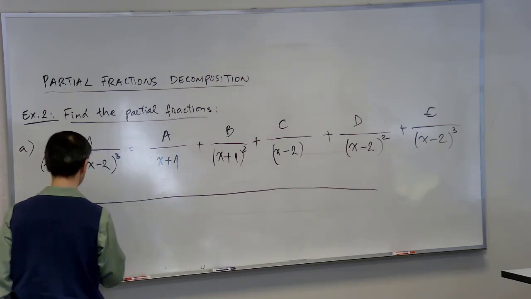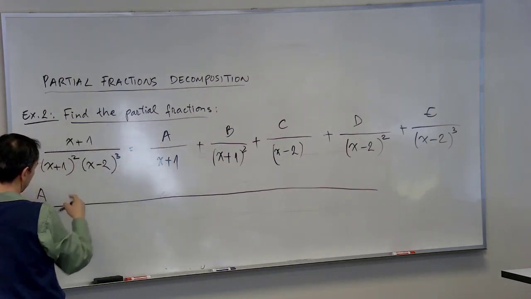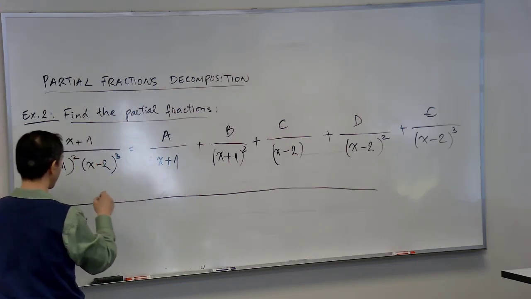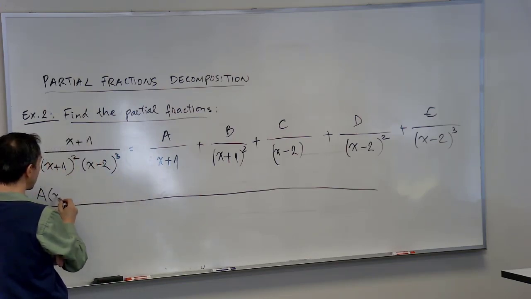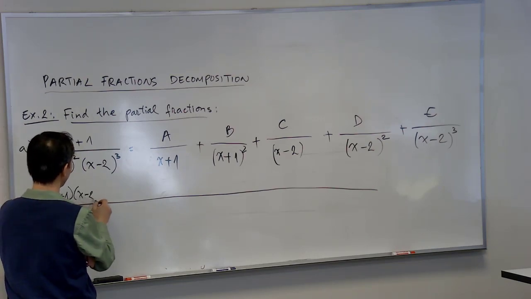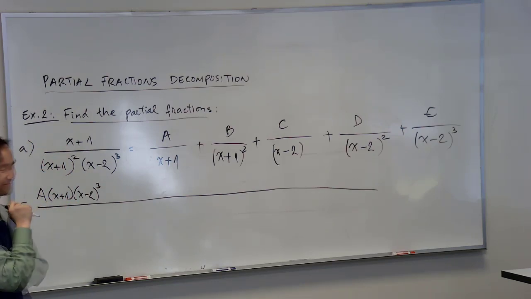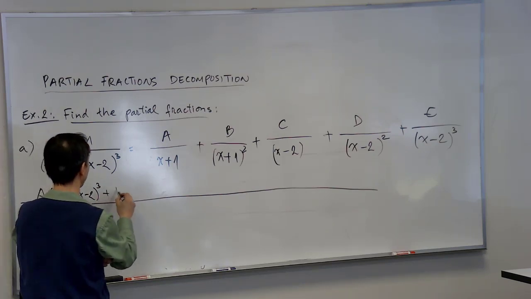So A here is on top of x plus 1. When we multiply and make a common denominator, we need another x plus 1, and then I need to multiply with x minus 2 all cubed. And then the B coefficient.